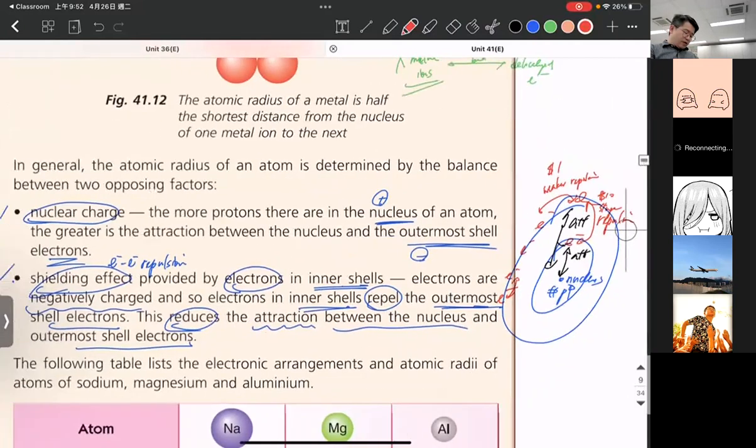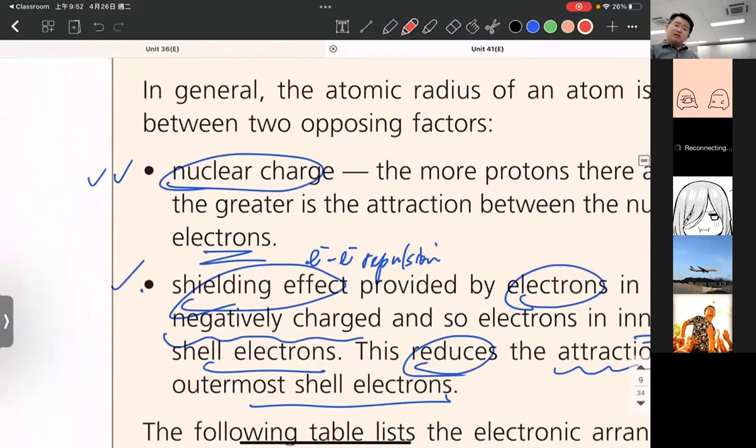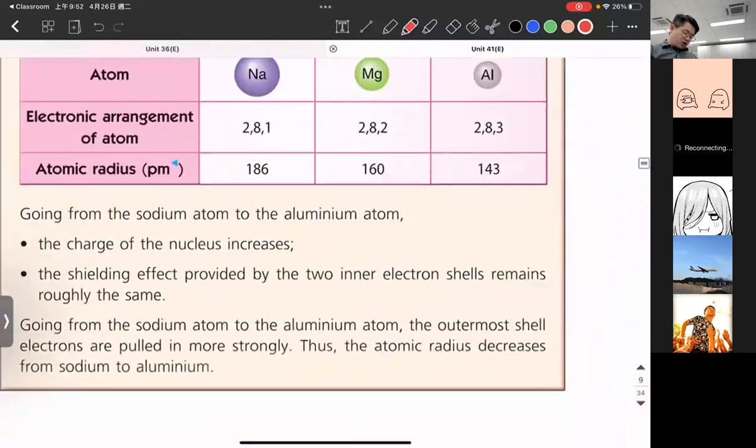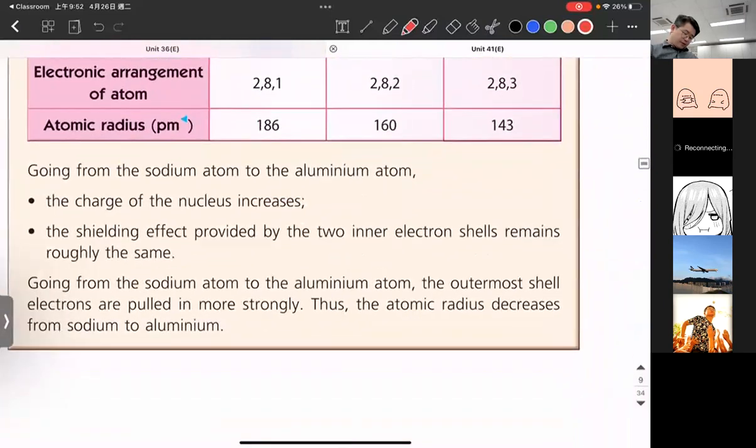So you may see Mr. Chin will add the tick here, right? We have got two ticks there, while we have got just one tick across the period. Can you get my point? That extent of increase is less, but the extent of increase of the nuclear charge is more. So altogether, there will be an increase in nuclear charge. So what is the overall?